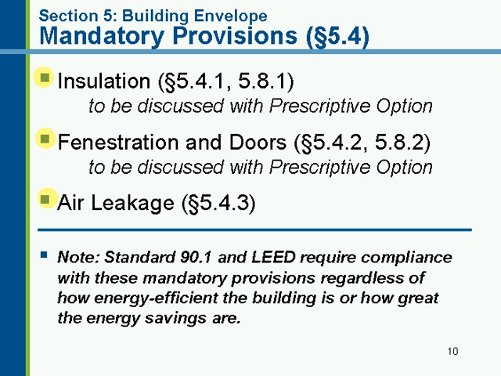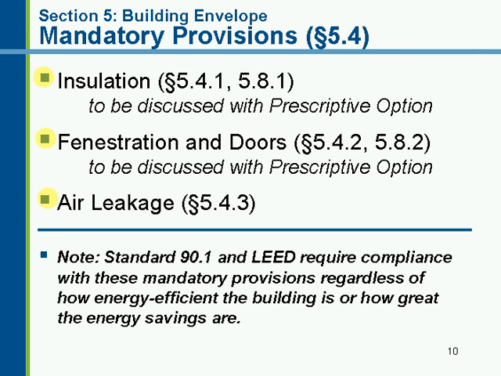So you'll see both of those mentioned. But I'll talk about the air leakage requirements now. And as a reminder, these are mandatory provisions, so you always have to comply with these, regardless of whether you're using the prescriptive or the target approach, or how great the energy savings are in your project.